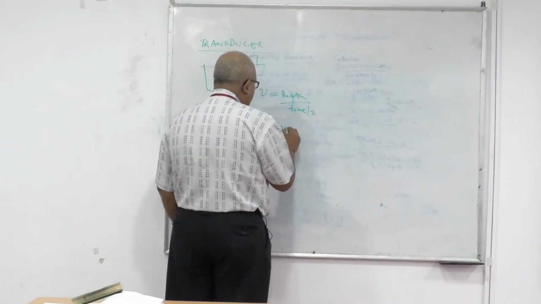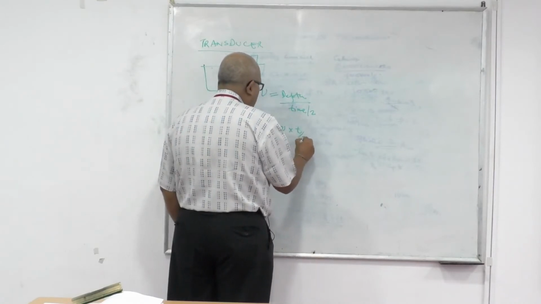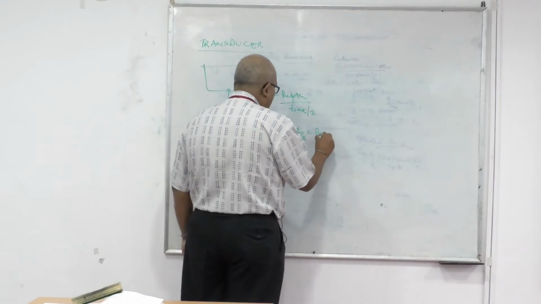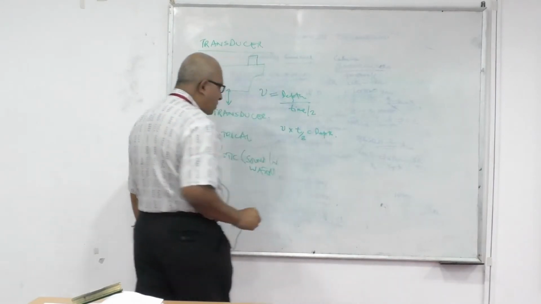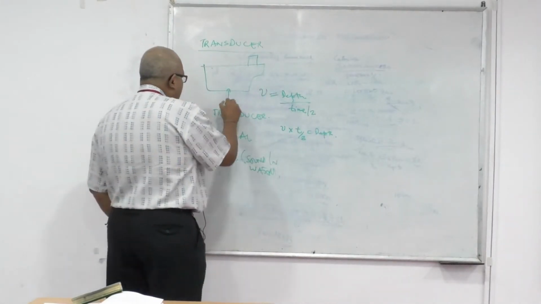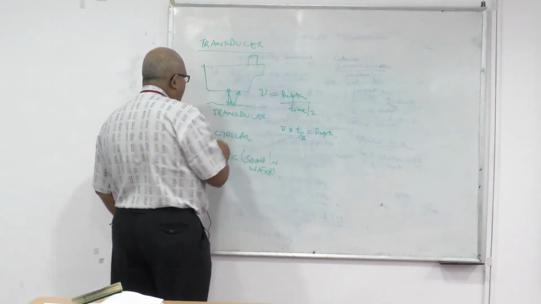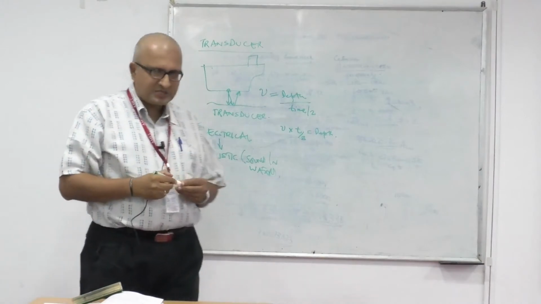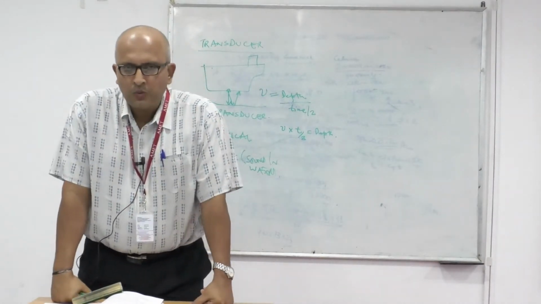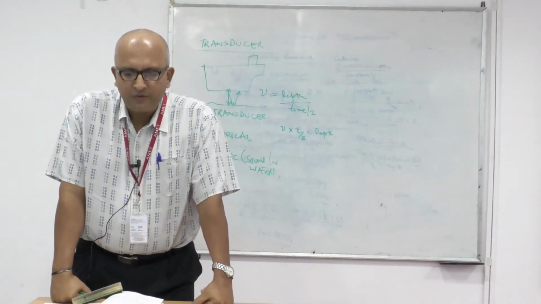So V into T by 2 is equal to depth. Why divided by 2? Because the time of transmission and receiving back on the ship is twice the depth, twice the time. So we calculate the time divided by 2.